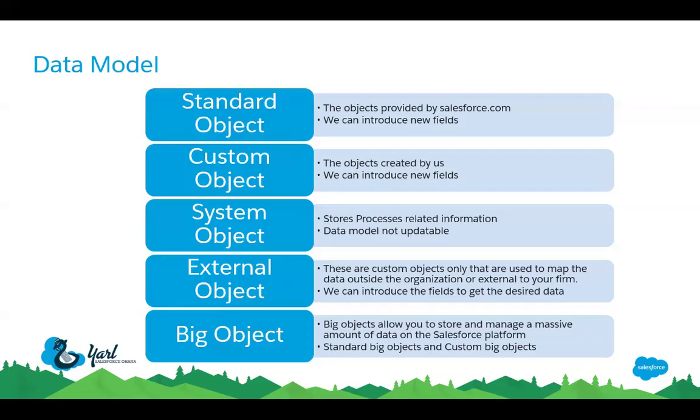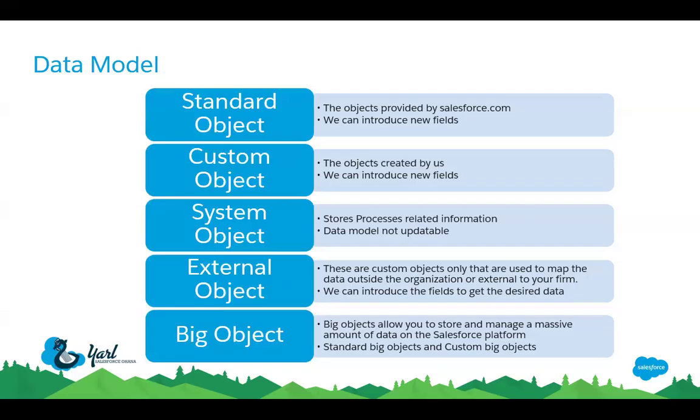If you haven't created any objects in your Salesforce org, they were already there. There are many standard objects in Salesforce, but the popular ones we always use are accounts, contacts, opportunities, leads, cases, likewise.